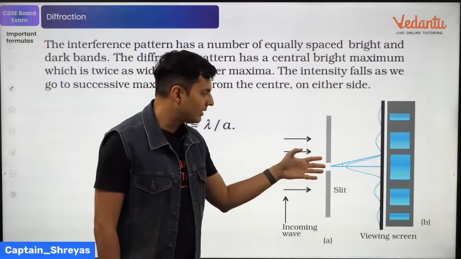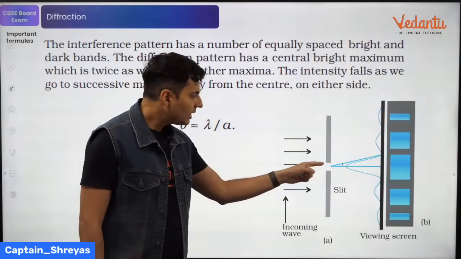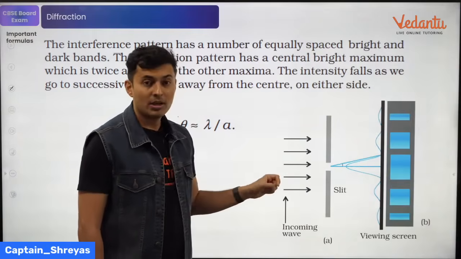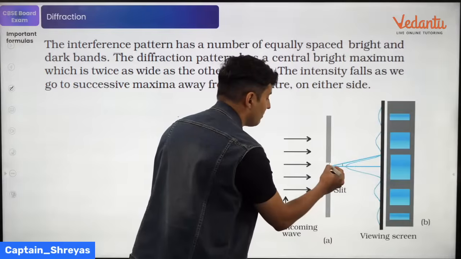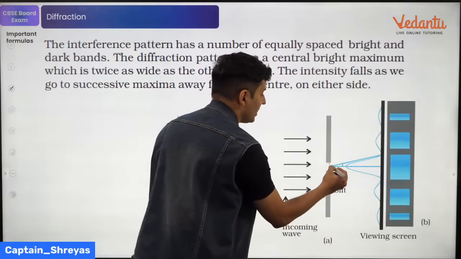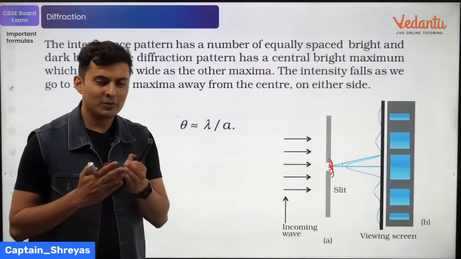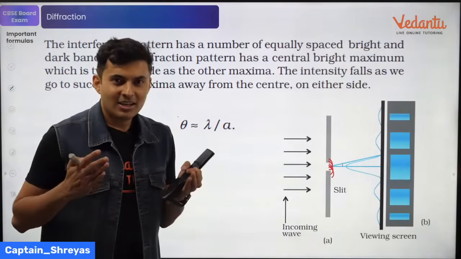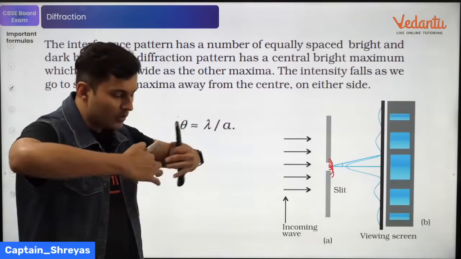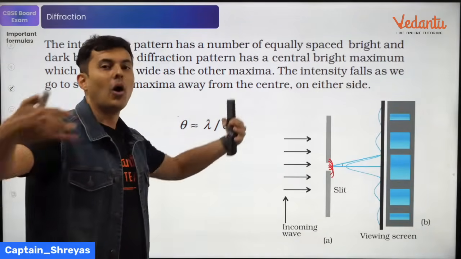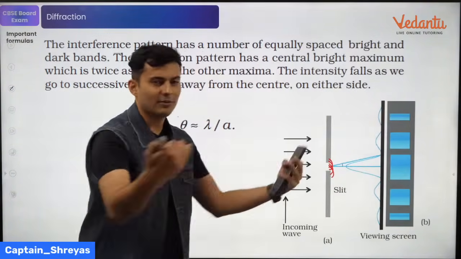When the light enters and gets blocked and only a small portion of the light passes, each point in that gap behaves like a source. So in fact, there are many sources over here, each producing their own wavefronts. Instead of one source, you have infinite sources producing many waves, and all these waves go around in this space and interfere with each other.